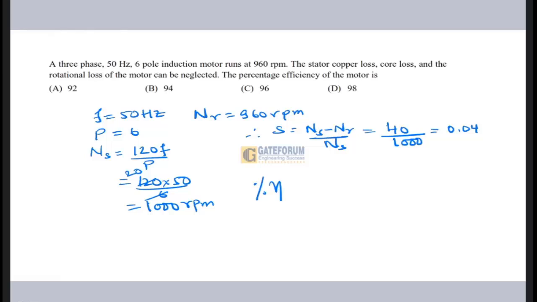You know that the percentage efficiency of the induction motor is given as the ratio of output power by input power. Now if you remember the power flow diagram, from the power flow diagram, this output power can be equal to this rotational power or mechanically developed power, because you can see that the rotational loss has been neglected.